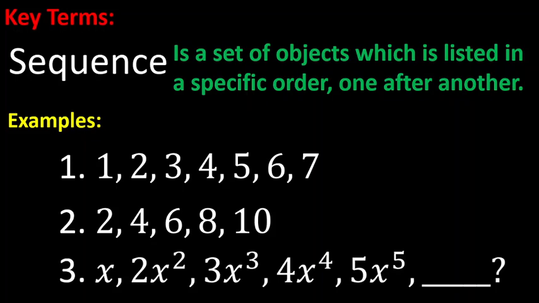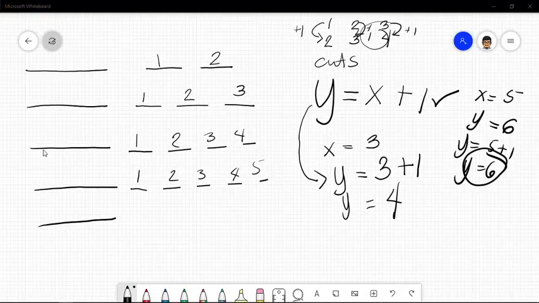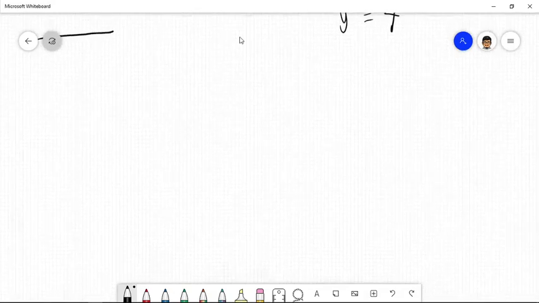Next, third example. Say, itong example na to. We have x, 2x squared, 3x cubed, 4x raised to 4, 5x raised to 5. What will be the next term? This is also an example of sequence. Ano yung susunod doon? Alamin natin.